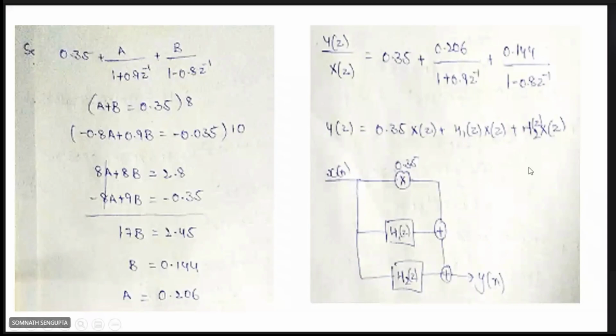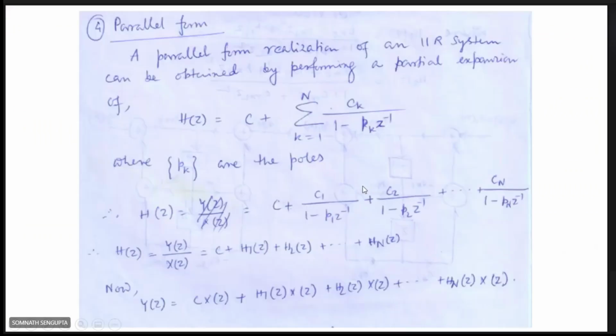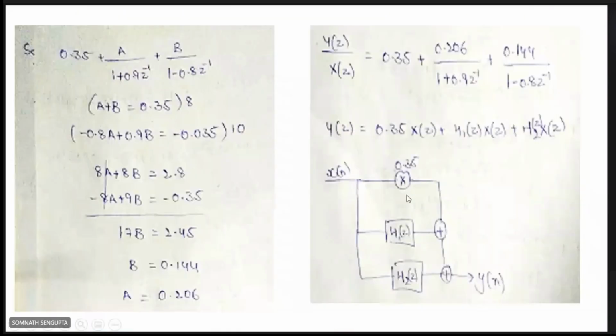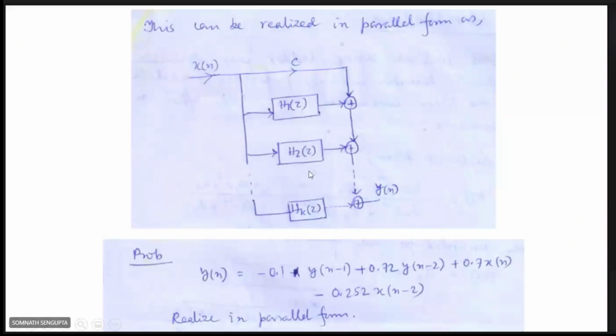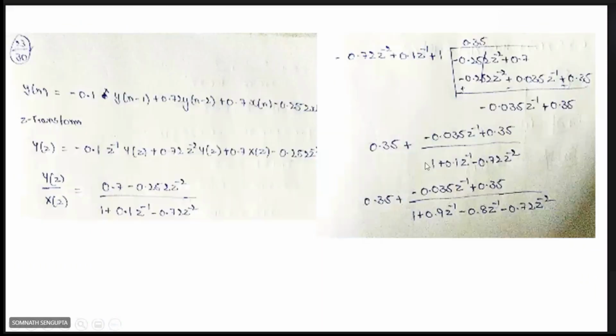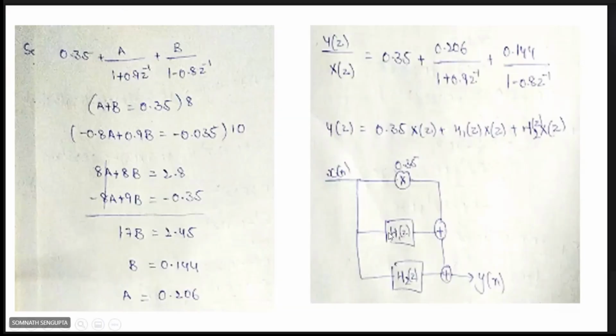Okay, so this is similar to the theoretical expression. According to the structure, a constant c is there and the individual stages H1(z) and H2(z) are added.